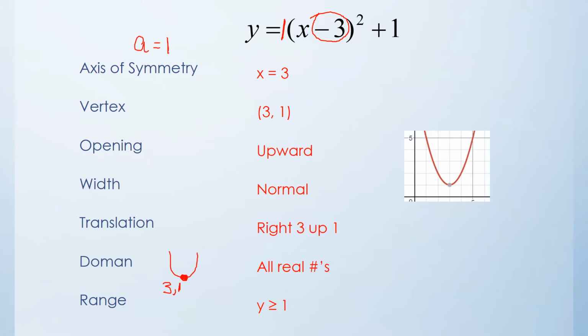So from this, we can sketch the graph. We see that it has a vertex at (3, 1). So we went over 3, up 1, and because a is positive, it's opening upward, and it's a regular graph. Okay?